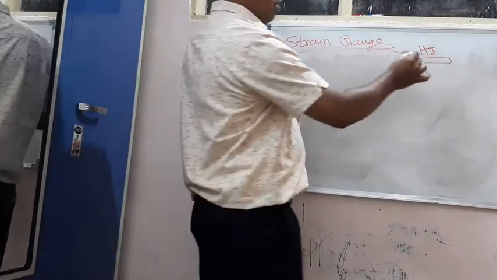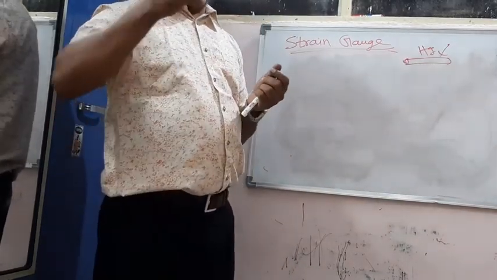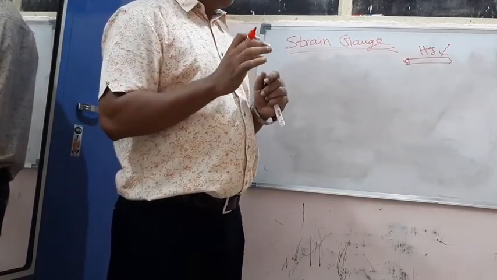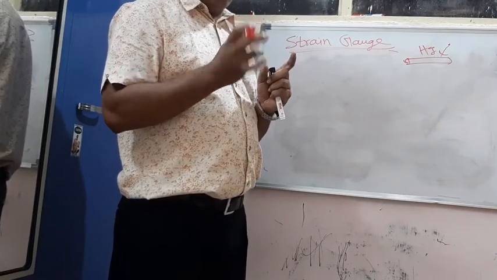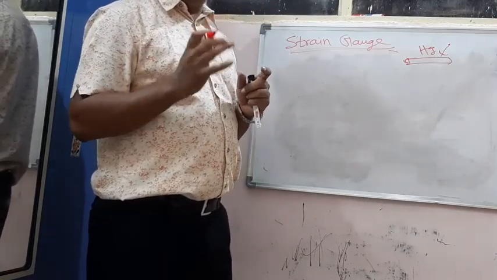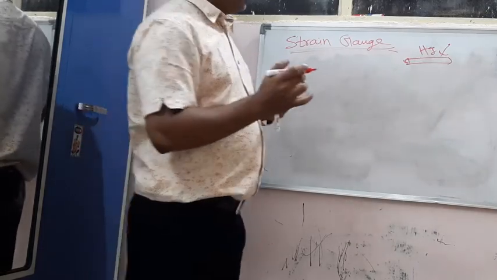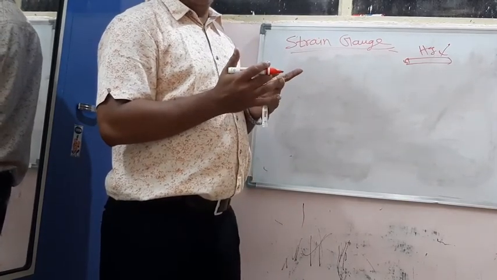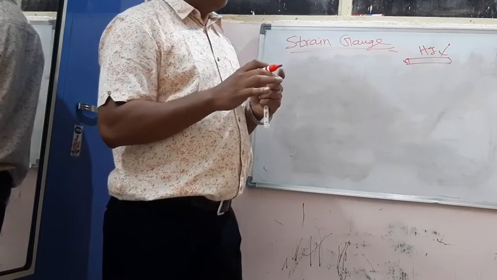For any small external force, since it is enclosed in a flexible container, its geometry changes or it deforms. It means strain is generated. Strain is change in length divided by original length.